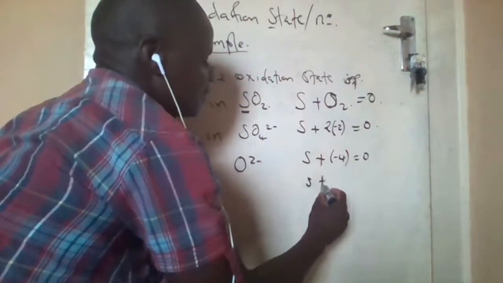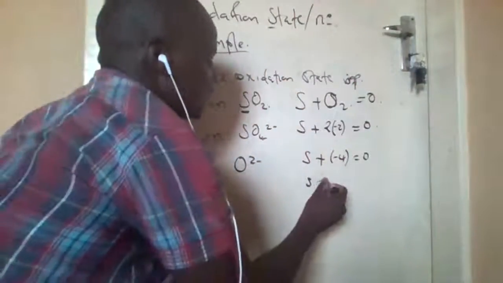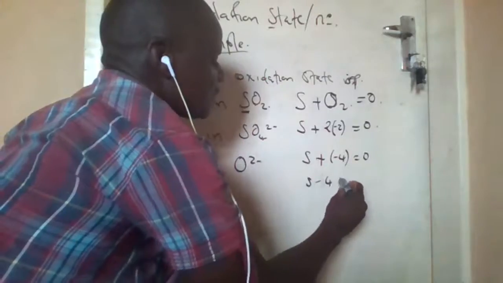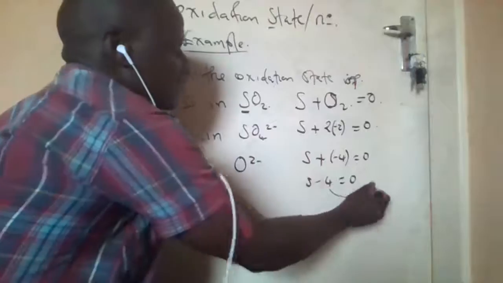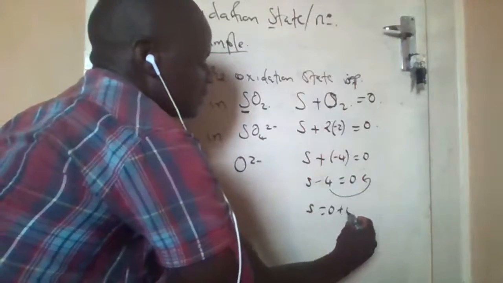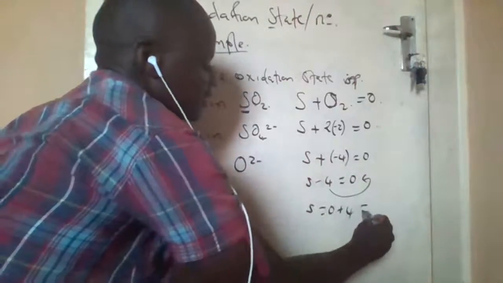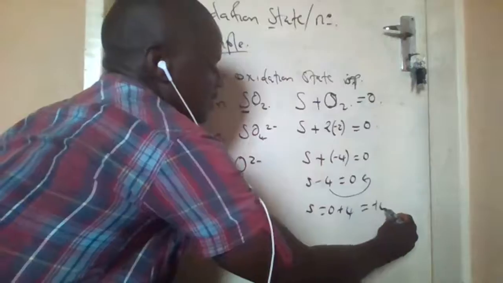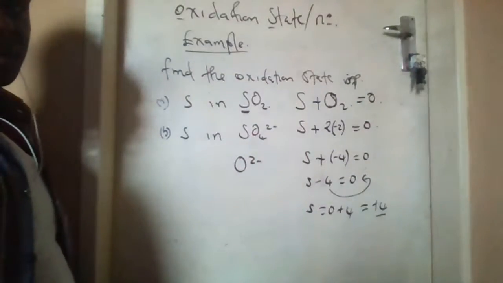So sulfur minus 4 gives us 0, but we cannot add these, therefore this goes there. Sulfur is equal to 0 plus 4, which gives us +4. So the oxidation state of sulfur is +4.